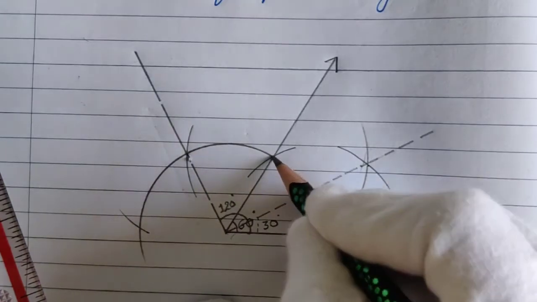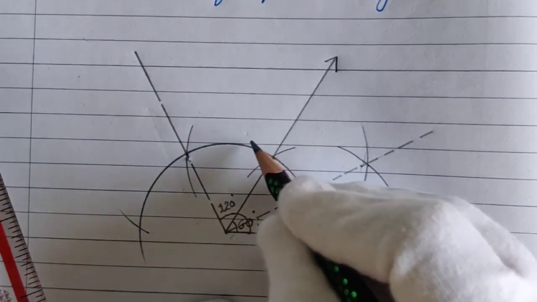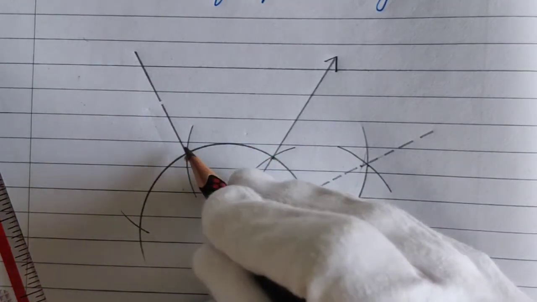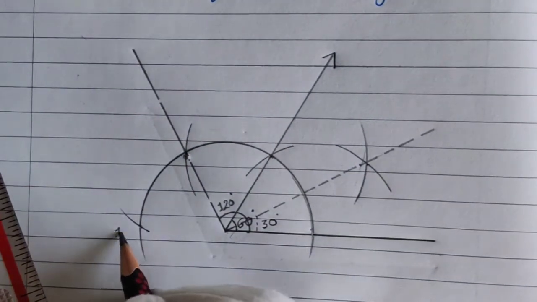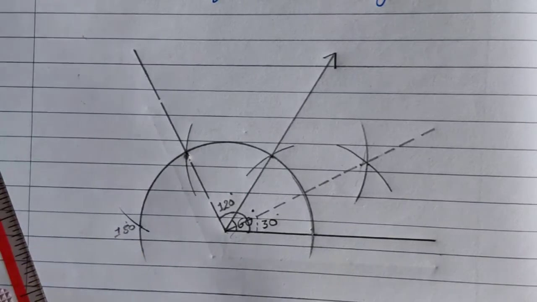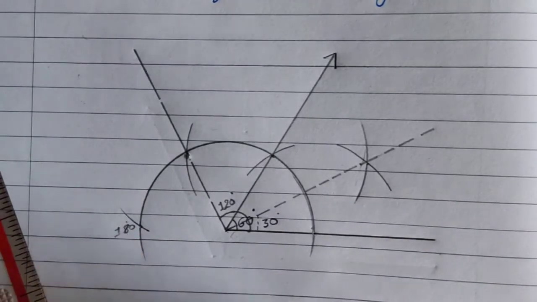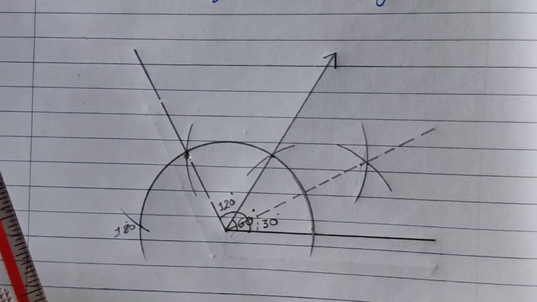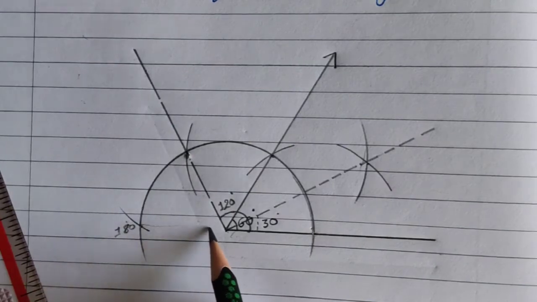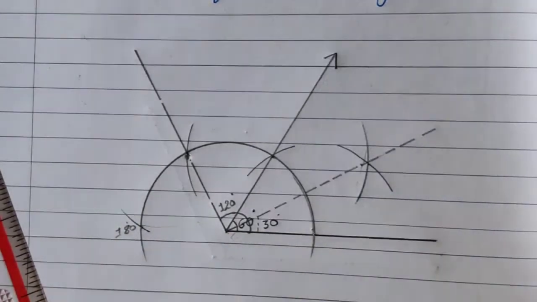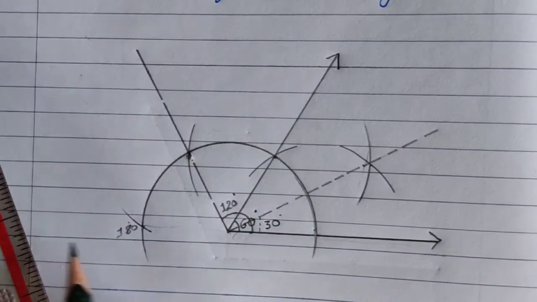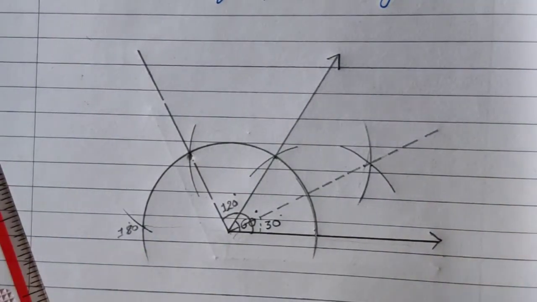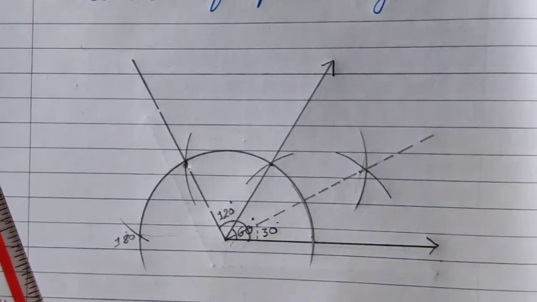From here to here, 60 plus 60 gives 120, plus 60 gives 180. So this arc forms an angle of 180 degrees, a straight line with this arm. We drew this half, so when you join it, it will be a straight angle of 180 degrees.